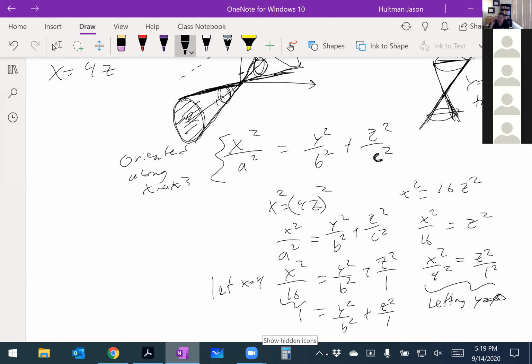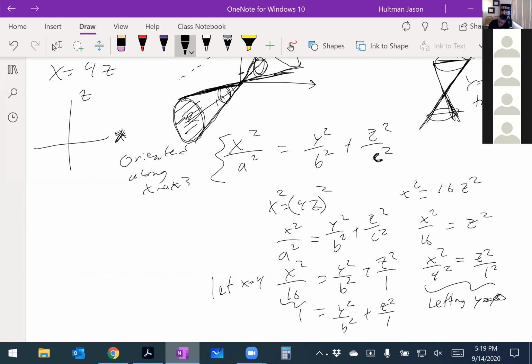Well, it's got to be a circle because we're rotating it, right? If I let x equal 4, remember, if we looked at the XZ plane, what was the equation? This has a slope of 1/4, right?